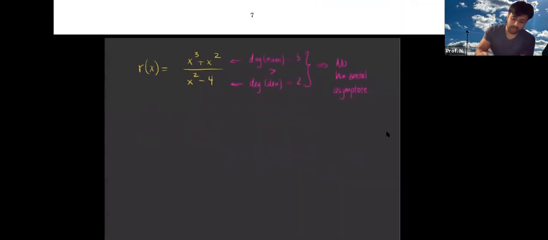But what does that even mean? Well, whenever we have a rational function, if we forget about this term, just think about what this actually means. This means x cubed plus x squared is divided by x squared minus 4. So in reality, what we can do is use polynomial long division.